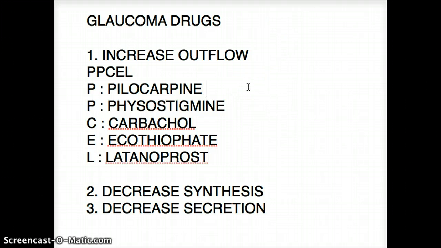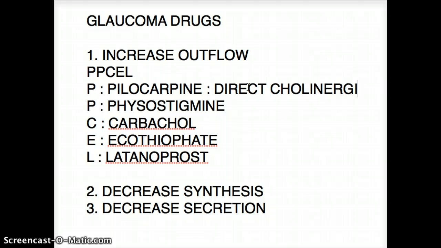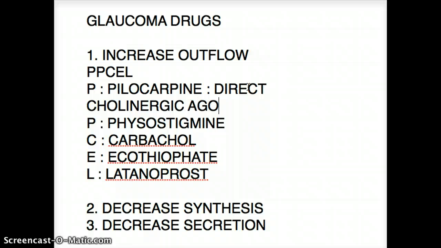So let's quickly talk about the function of each one of them. What does pilocarpine do and how does it work? Pilocarpine is a direct cholinergic agonist, and it's also used in other cases.